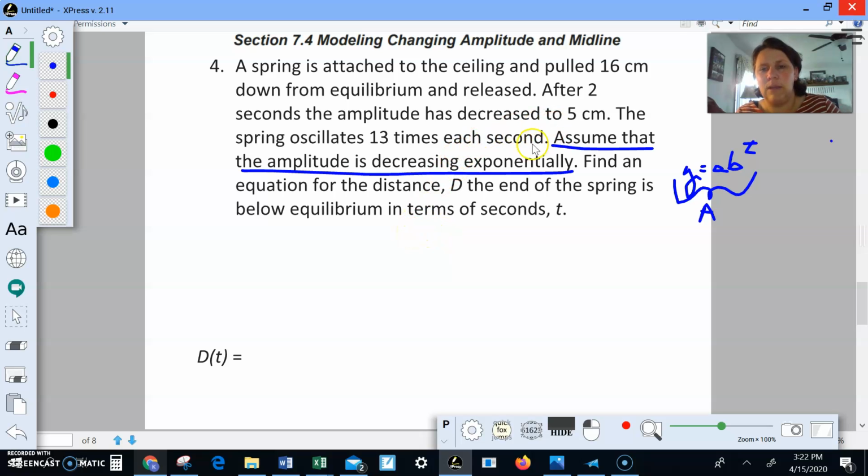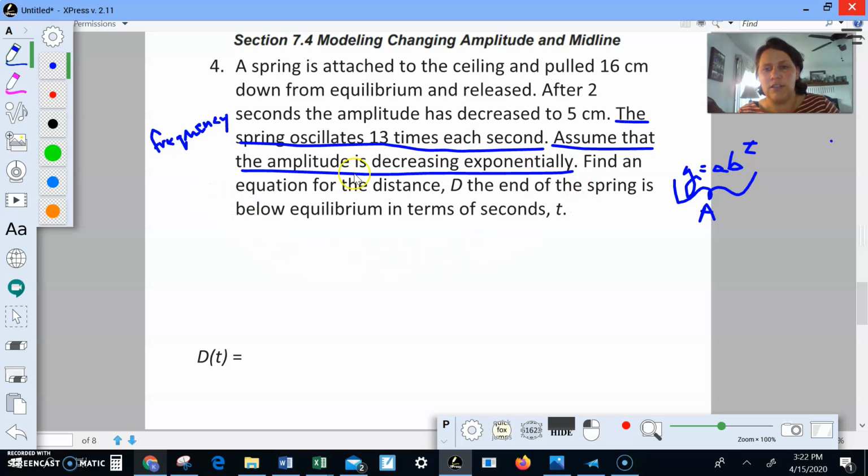Another thing that we can easily pick out right here is it says the spring oscillates 13 times each second. Well, I want you to recognize that as frequency. So notice they are not giving us a period or how long it takes to get through one complete rotation.